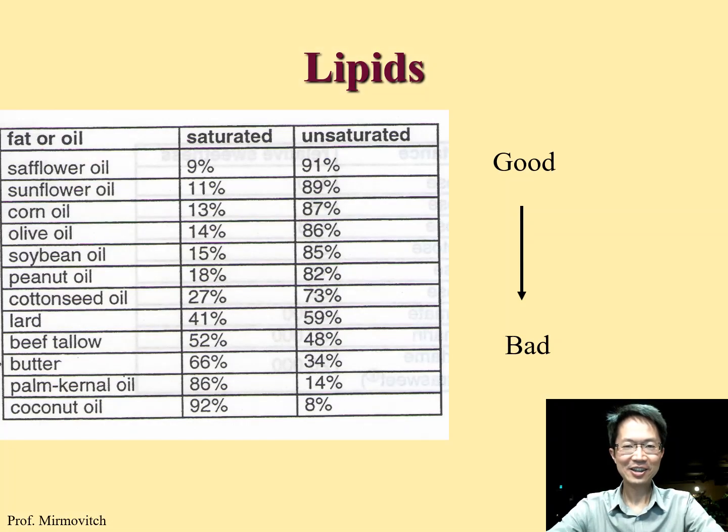Let us take a look at some examples of saturated and unsaturated fat or oil. As you can see, the good ones are mostly from plants. They are all oil, meaning that they are mostly unsaturated.